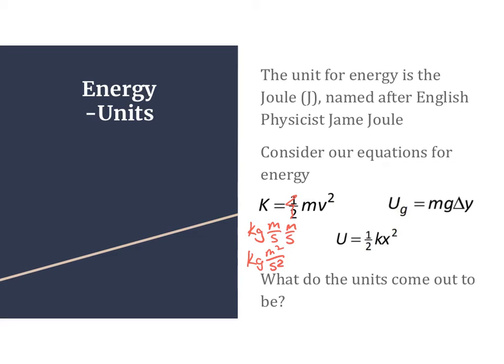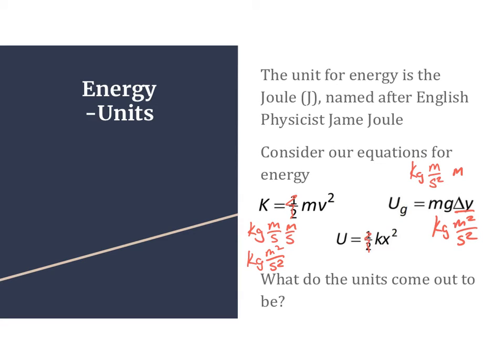For our gravitational potential, we have mass in kilograms. We have the gravitational field strength, which is newtons per kilogram, but I'm going to simplify that to meters per second squared. And then our change in y position or change in height is meters. So that combines to kilograms times meters squared per second squared. Then our elastic potential is 1/2 kx squared.